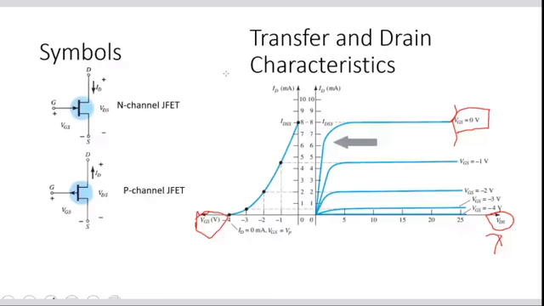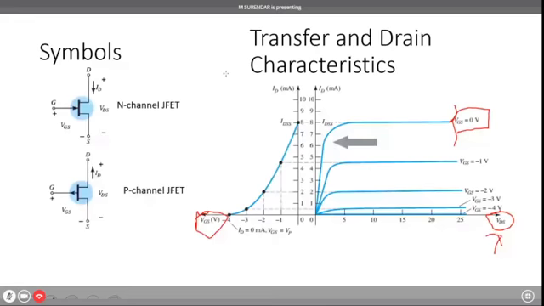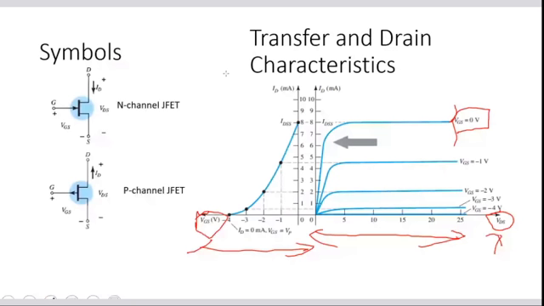This is the drain characteristics, and this part is the transfer characteristics. So this is about the transfer and the drain characteristics. We will see further detail in the coming slides.